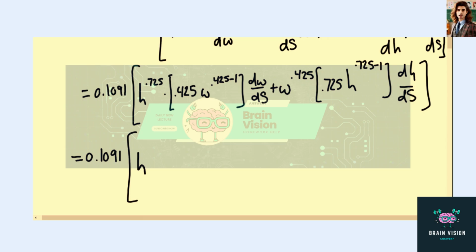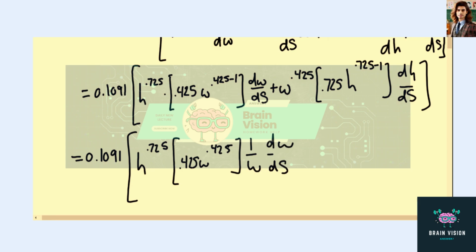So it's h to the power of 0.725 times 0.425 w, and I'm going to leave it to the power of 0.425. And we're handling that minus 1 by having a 1 over w here. We're going to do the same trick with the other expression.